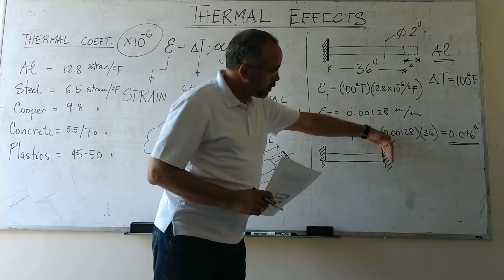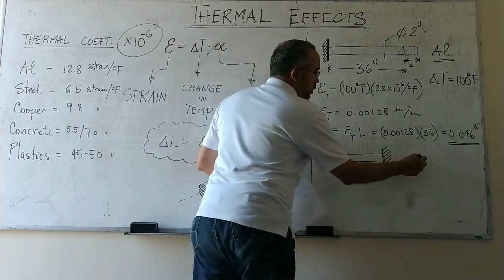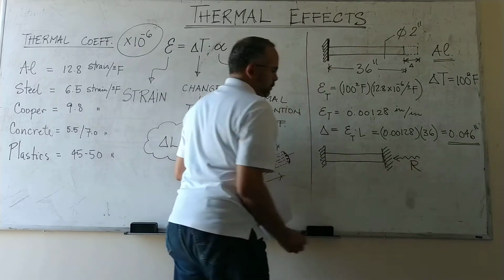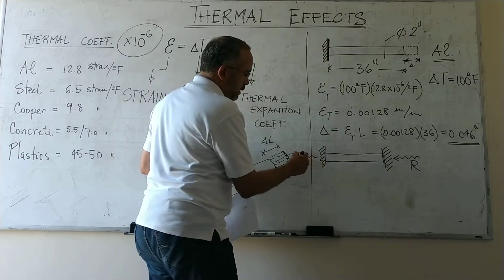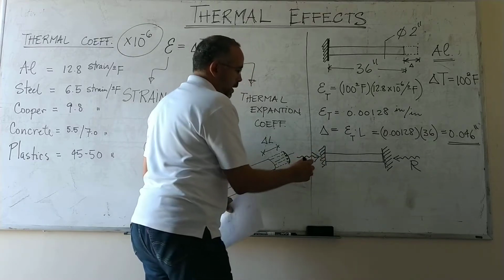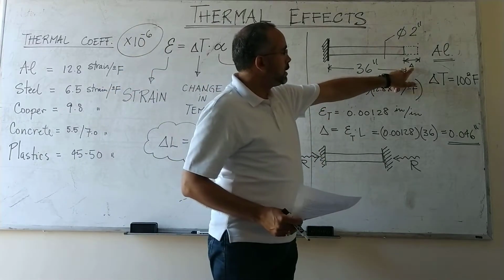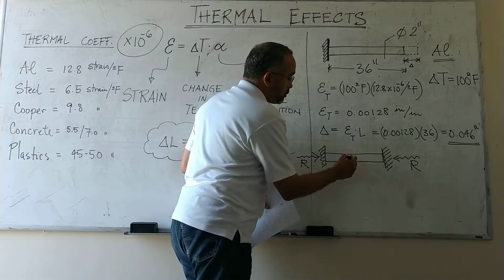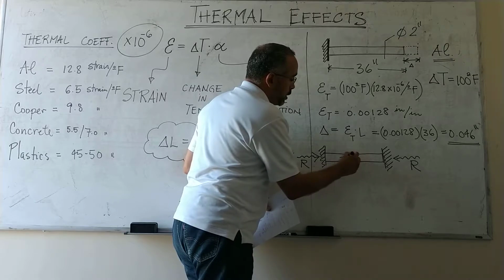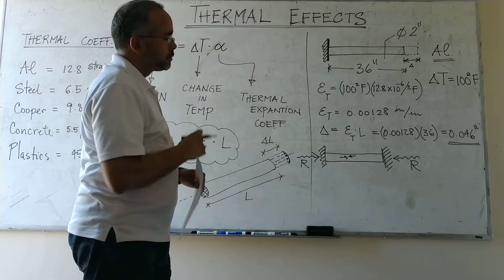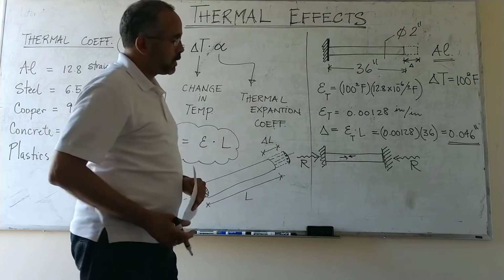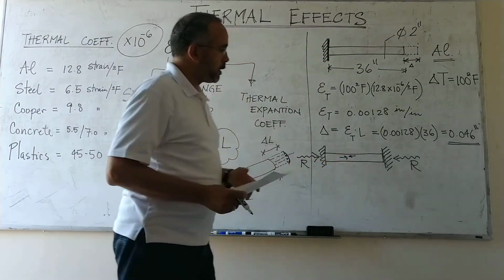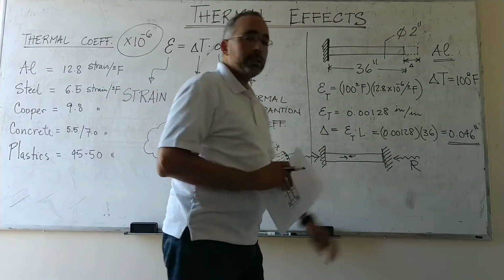Now, this restraint would have to include a restraining force that would obviously have to be acting equal and opposite here, that would prevent this elongation from happening. And the bar would actually be subjected to compression due to the temperature increase, because it wants to expand, but it can't because it's restrained. So how do we calculate this restraining force?